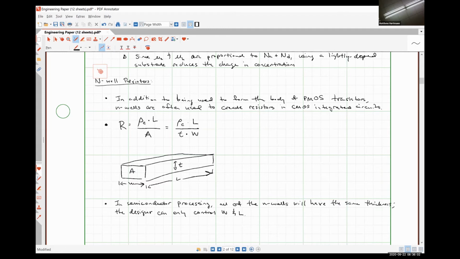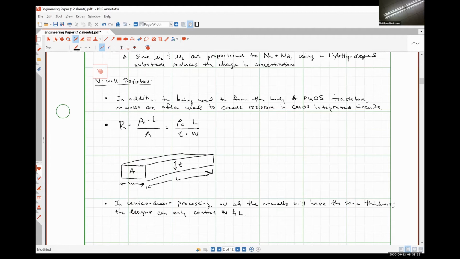So if the beam has a constant intensity, then the energy of the ions that are being implanted is the same. So as long as that beam has a constant intensity, the penetration depth of the ions will all be equal, meaning they can't go any further than their energy allows them to penetrate into the substrate. So that's why all the thicknesses are going to be the same for all of the N wells.